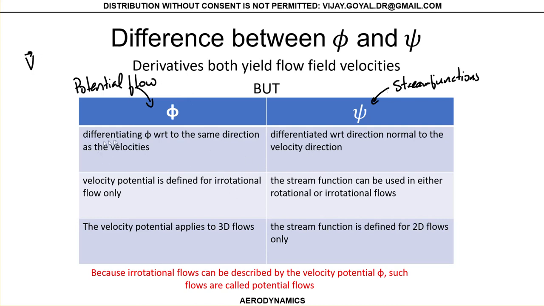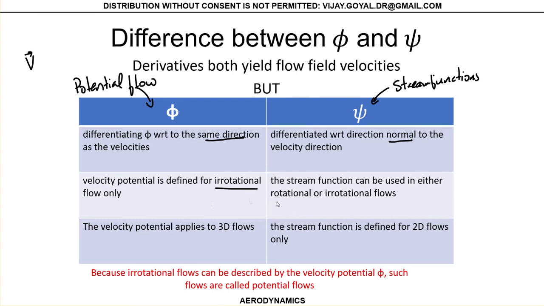First of all, when you differentiate this one with respect to the same direction of the velocity, this one is a differentiation in the direction normal to the velocity. In this case, velocity potential is specifically defined only for irrotational flows.